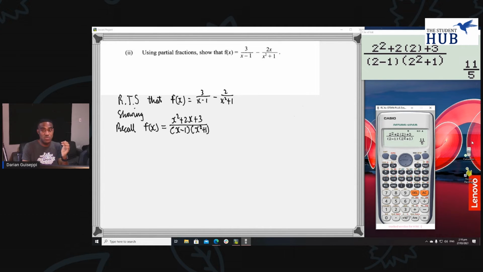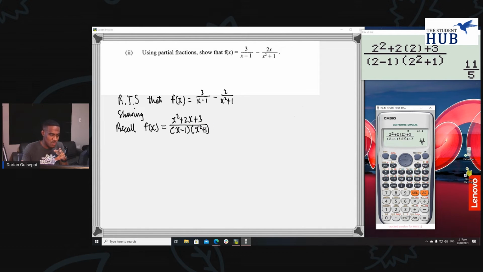The first thing I do whenever I see partial fractions is look at the denominator immediately, and the first thing I'm thinking is, is the denominator fully factorized? And yes, it is fully factorized. So that's good. The next thing now, I need to find out what are the corresponding fractions for each factor in the denominator. This is a linear factor, and this is a quadratic factor in the denominator.